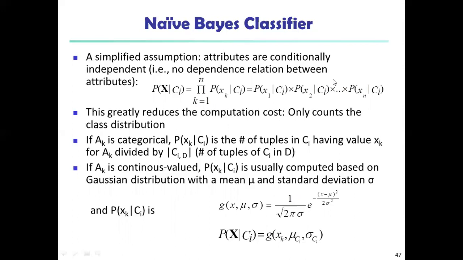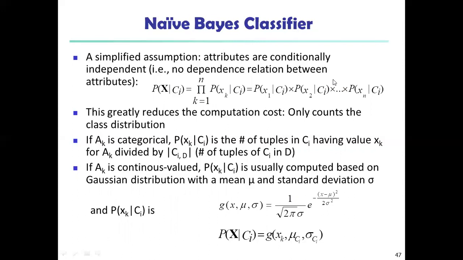For example, if Ak is categorical, then P of xk given Ci is the number of tuples of Ci having the value xk for Ak, divided by the number of tuples of Ci in D.